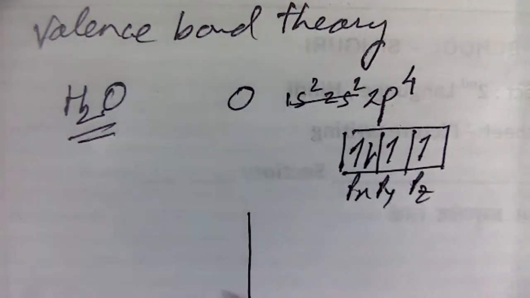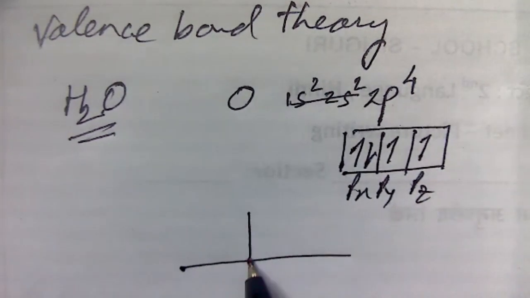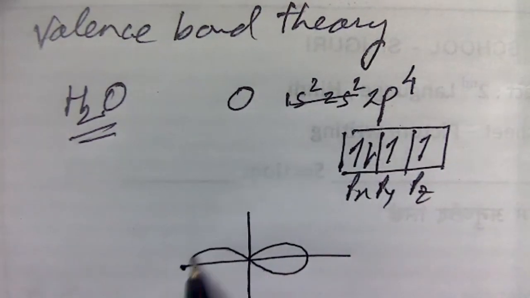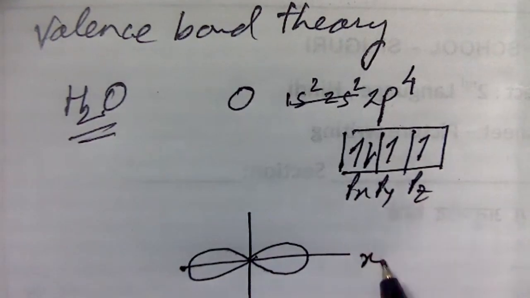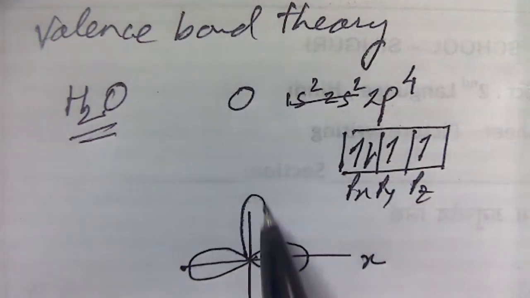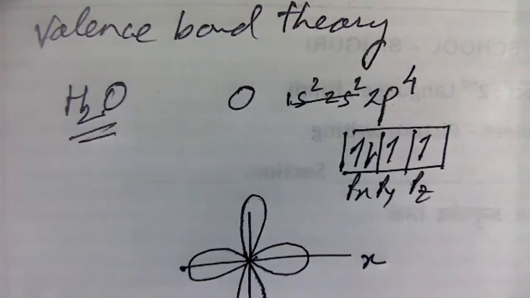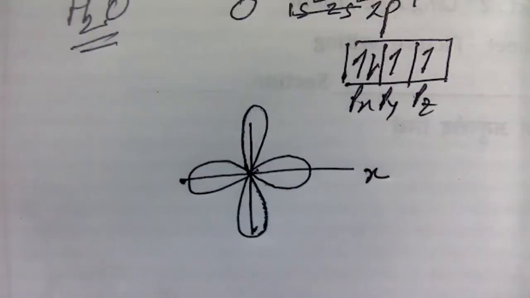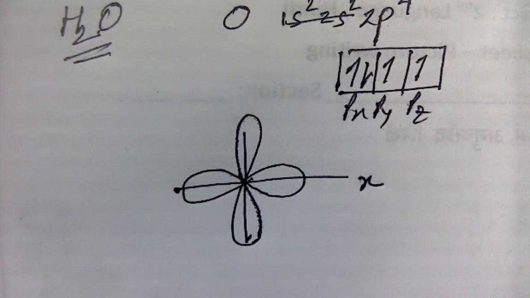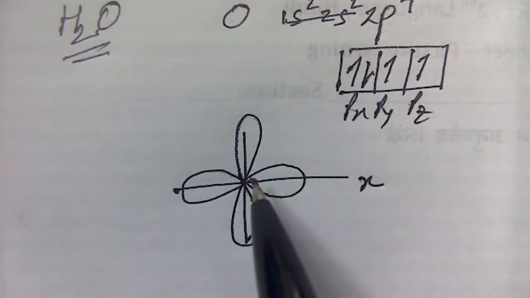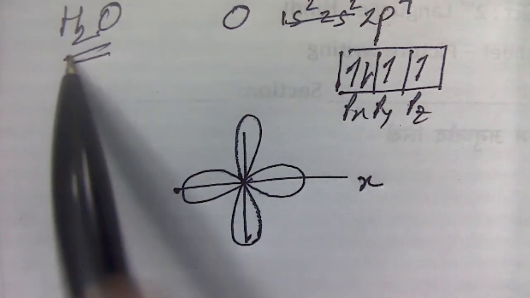If I take it like this, suppose this is your x-axis, then this is your px, and this is your py, isn't it? Now this px, py have to overlap with what? Hydrogen.